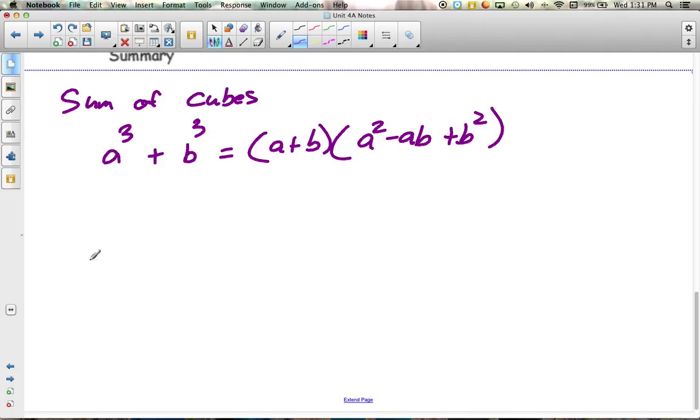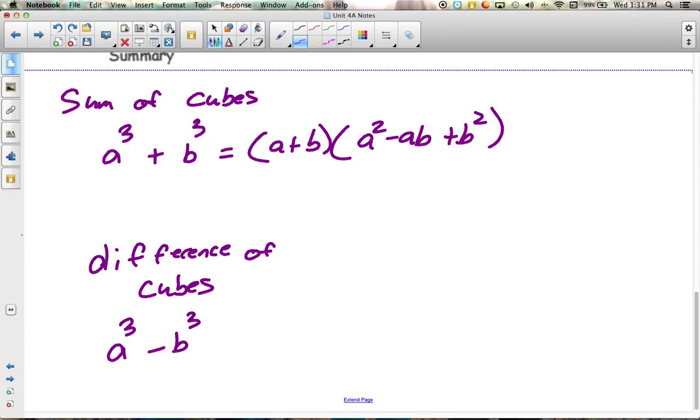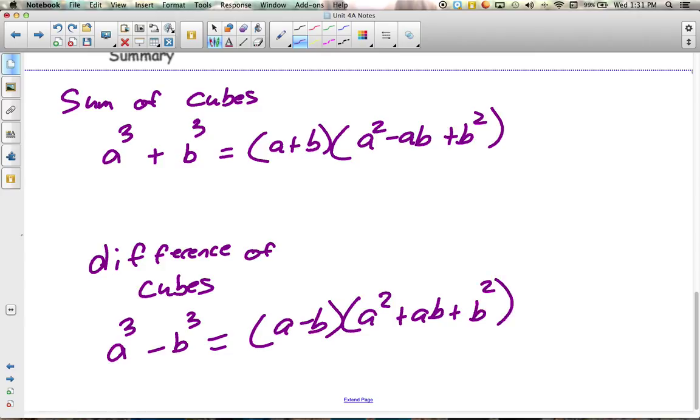If you have a difference of cubes, so that would be something cubed minus something else cubed, if you start out with that, it factors to a minus b times a squared plus ab plus b squared. So these are your formulas.